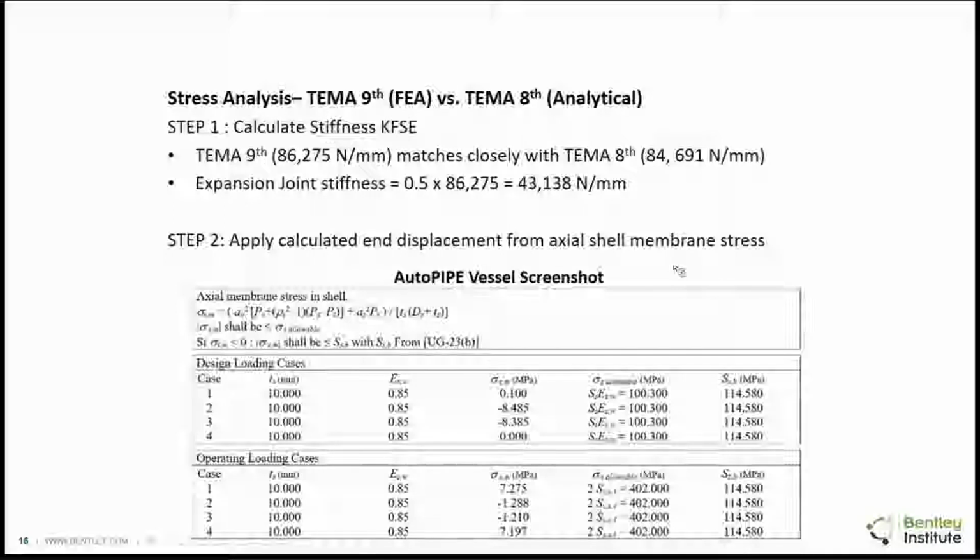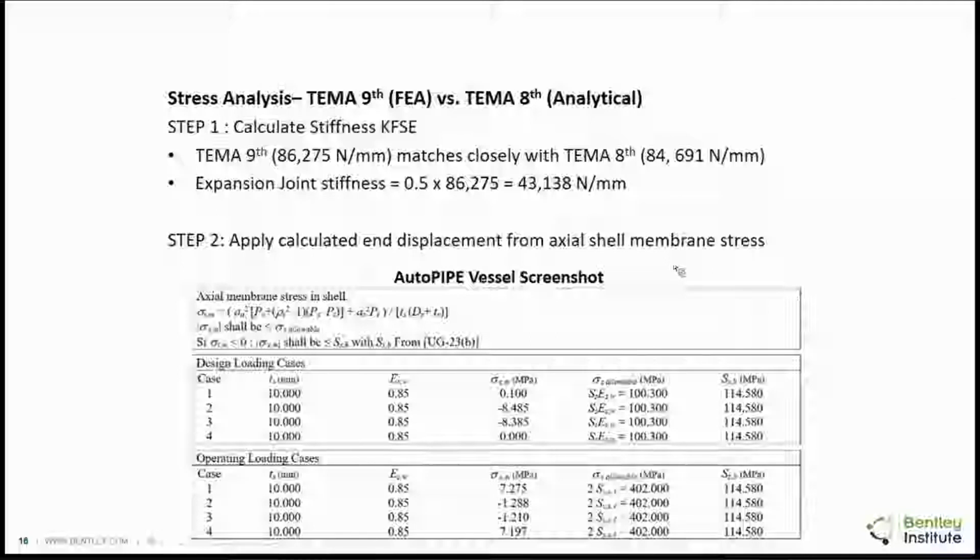So in step 2, we calculate the end displacement from the axial shell membrane stress. So you see here, this is a screenshot from the AutoPIPE Vessel tube sheet calculations. So as you know, there are 4 design loading cases and 4 operating loading cases for every load condition of the tube sheet.